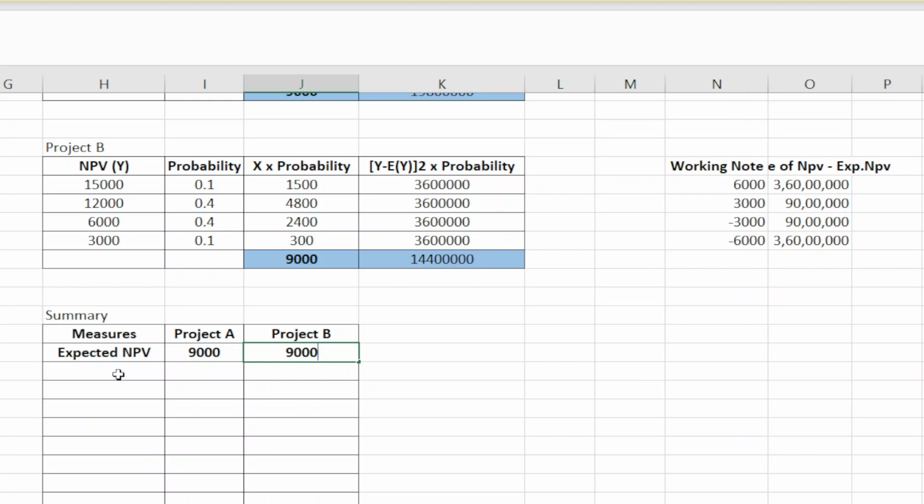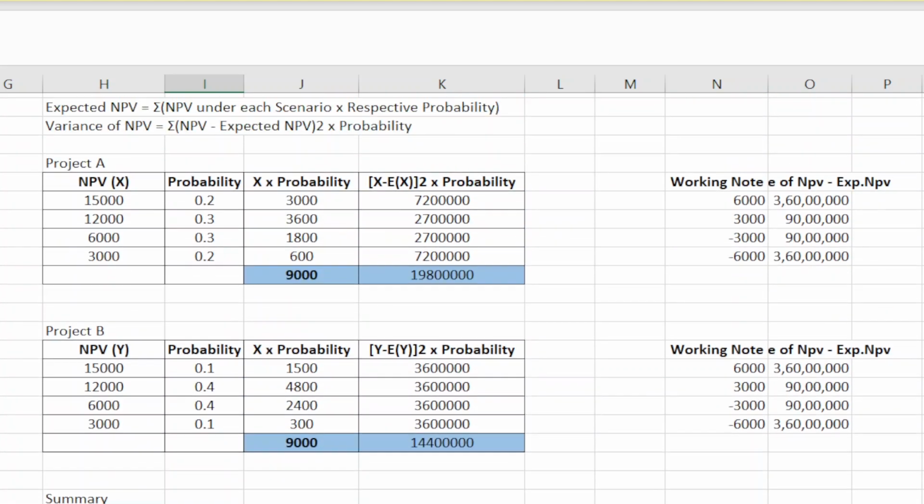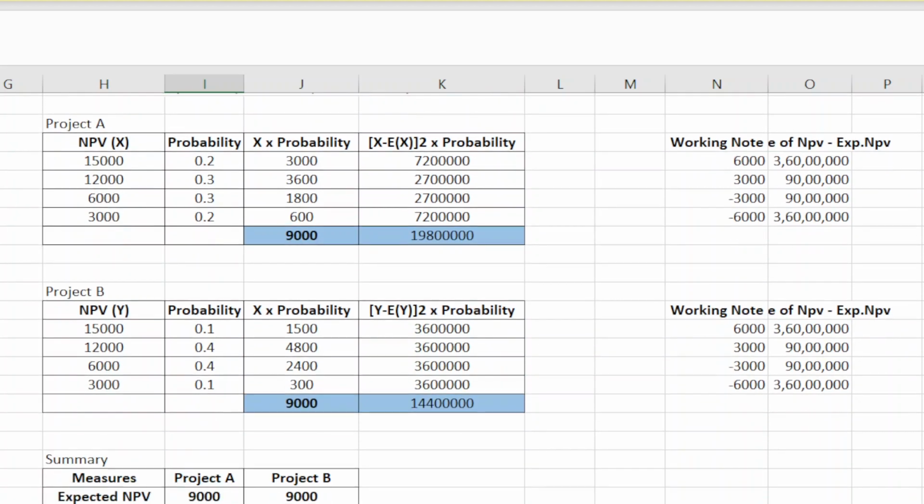Now what we need to do? Variance. We have not yet calculated the standard deviation, right, students? Variance of NPV we have already calculated. What is the formula? NPV minus expected NPV square into probability. So in the first case, what is the value of the first project A? 1 crore 98 lakh.